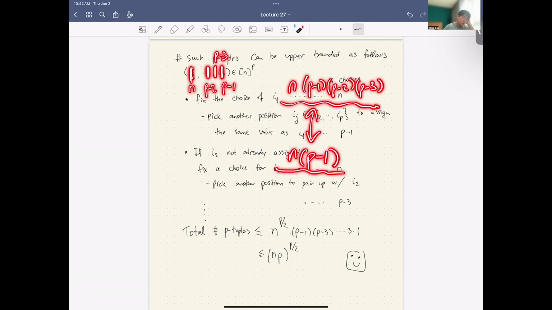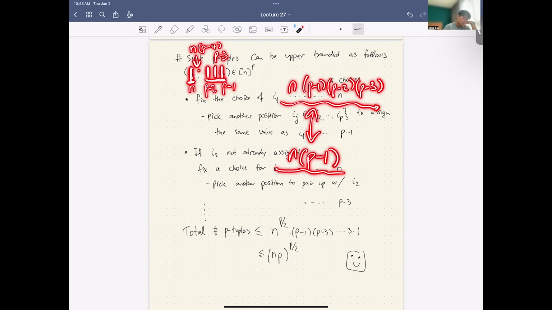But now when we move down to the second step, you pick for I2, right? You have n choices, and then you do some pairing, p minus 4 pairing. We do have to do pairing now because in the first one, we exhausted all other positions that have the same value.